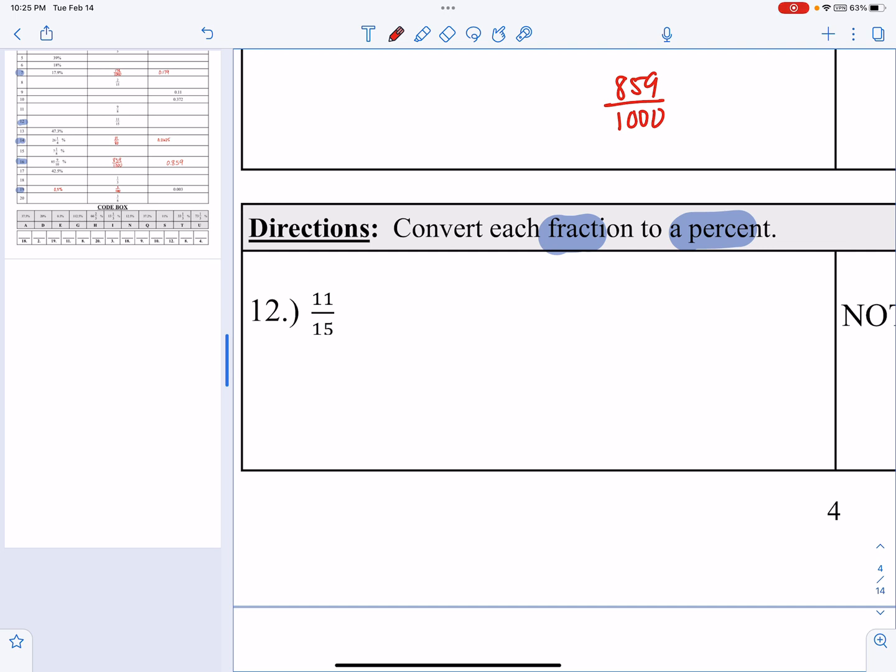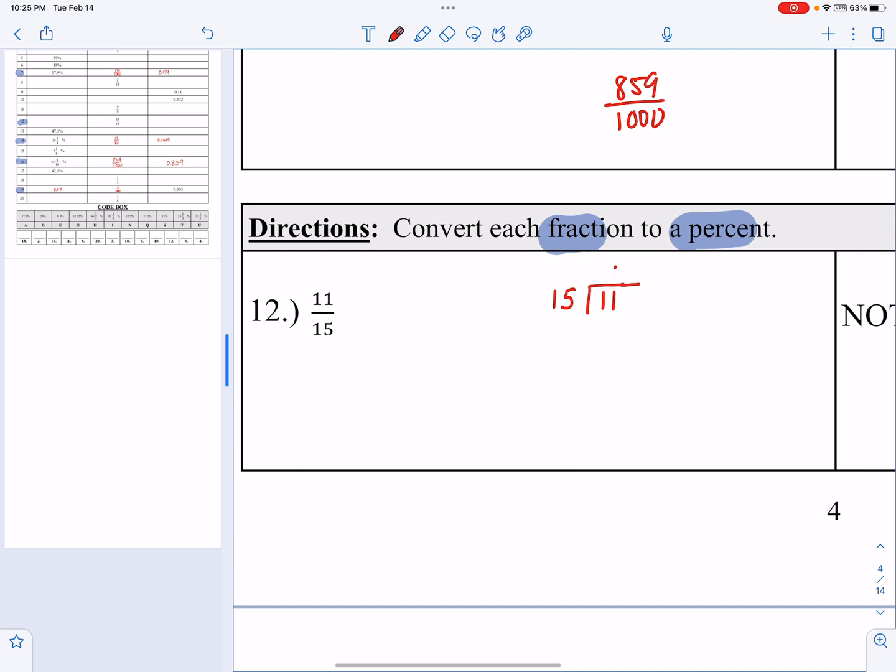Now, sometimes you're not going to be able to use a calculator, so you will have to do long division instead of doing 11 divided by 15 on a calculator. So let's just go ahead and do that long division real quick so we can see what that process would look like. So you might have to do 11 divided by 15.